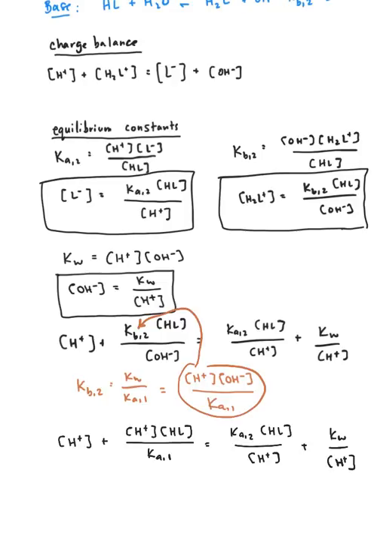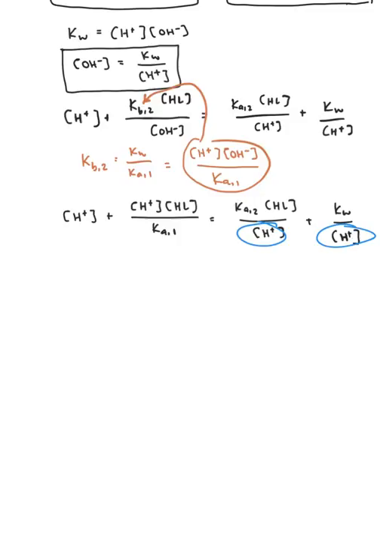So I'm going to get rid of H+ in all of the denominators on the right-hand side by multiplying every term in this equation through by H+. When we do that, we get a term of H+ squared plus H+ squared times HL over Ka1 is equal to Ka2 times HL plus Kw.